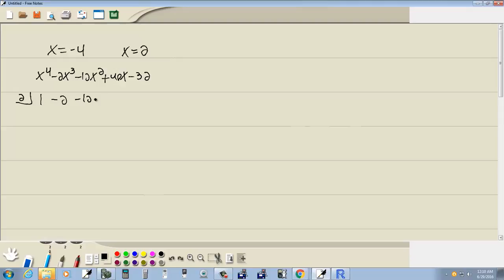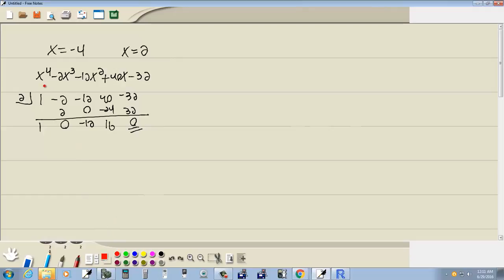Doesn't matter which one you start with. I started with the 2, but you could have started with the -4. And so I'm going to add, multiply, add, multiply, add, multiply, add, multiply, and add, and we get a 0.